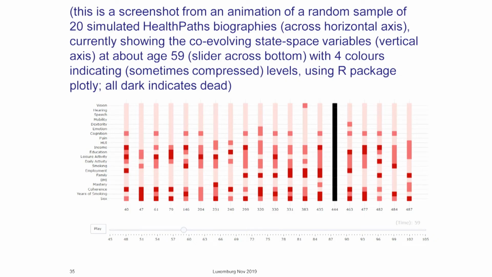What you see here with these little dots are flickering on and off as people move between health states over the course of a simulation. Vertical dark lines are when people die, right? So everything goes dark. So that's one.